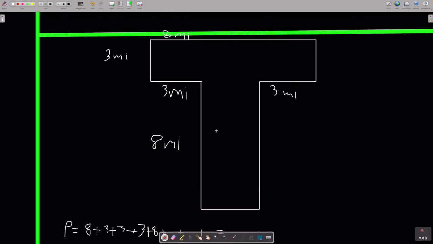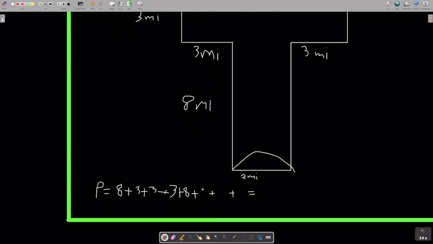First let's find this one here. We know that this whole thing is 8, and this is 3, and this is 3. So these two are 6. 6 minus 8 is going to be 2. So this missing side is 2 miles. Let's write here plus 8 plus 2.